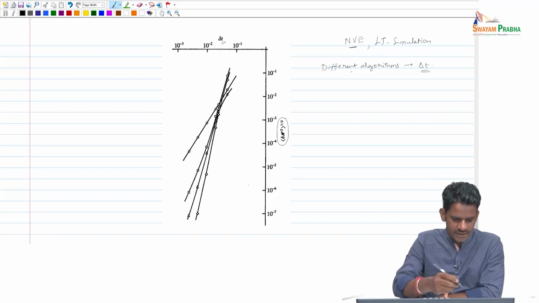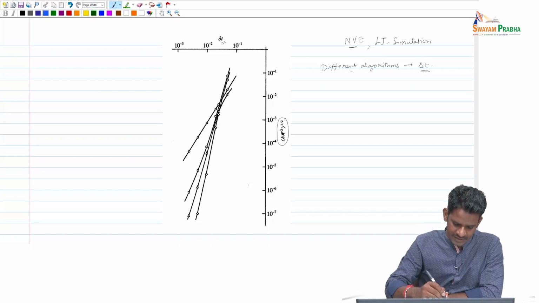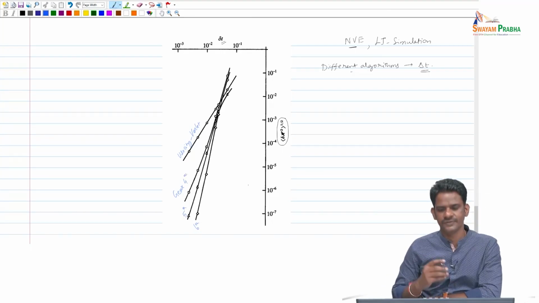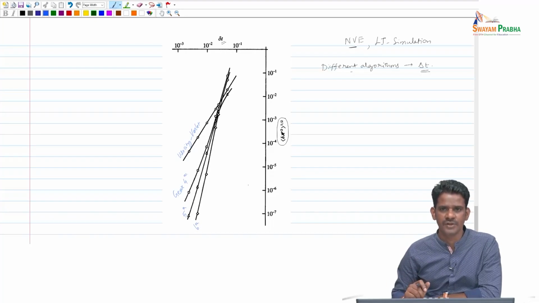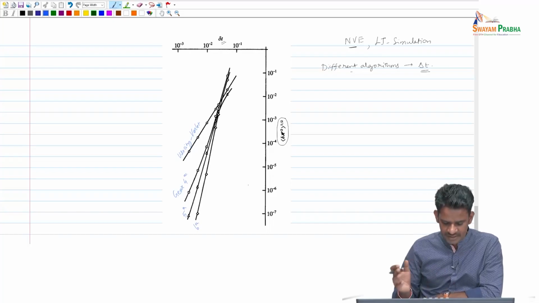And so, what is shown here is this particular line is the velocity Verlet algorithm, and this is the Gear predictor method with the 4th order, this is 5th order, this is 6th order. The Gear 4th order, 5th order, 6th order methods basically mean you keep multiple terms in the expansion for better accuracy.